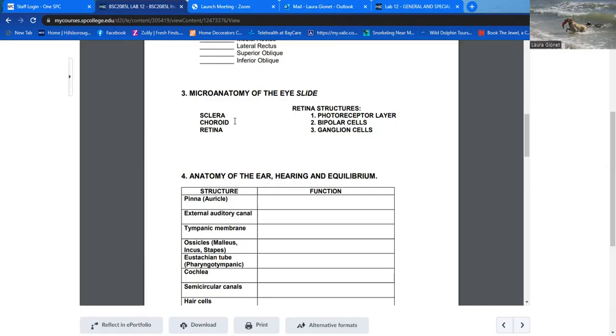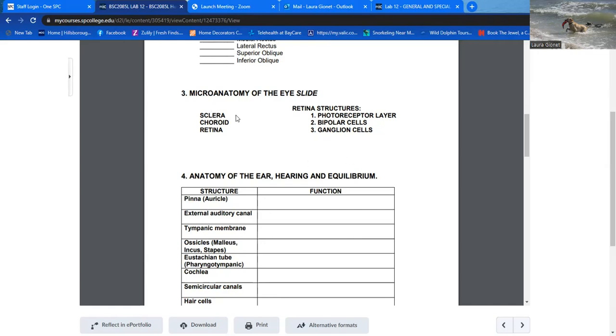Then this rather thick region is the retina, and it has 3 layers of cells. So the structures would be the sclera, choroid, and the retina, and the retina can be broken down into the 3 layers of cells: the photoreceptor cell layer, the bipolar cells, and the ganglion cells.